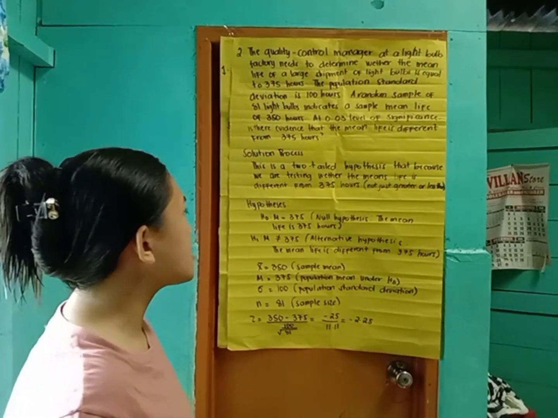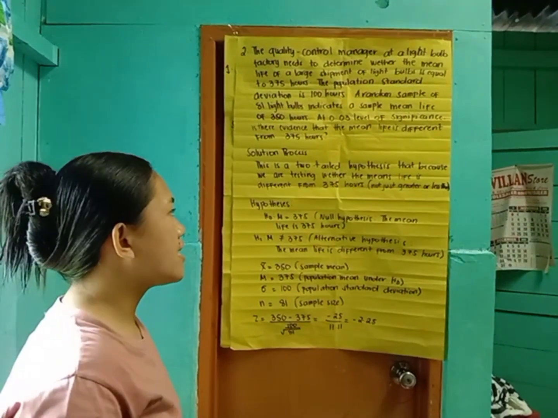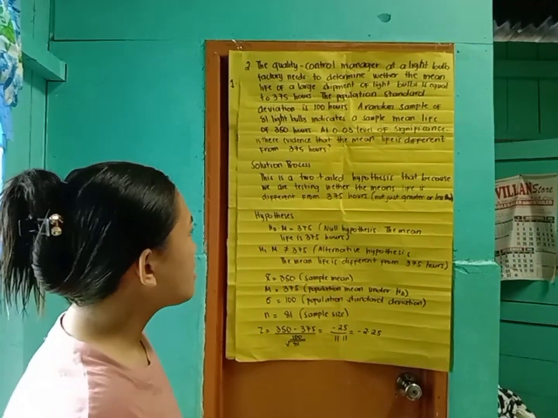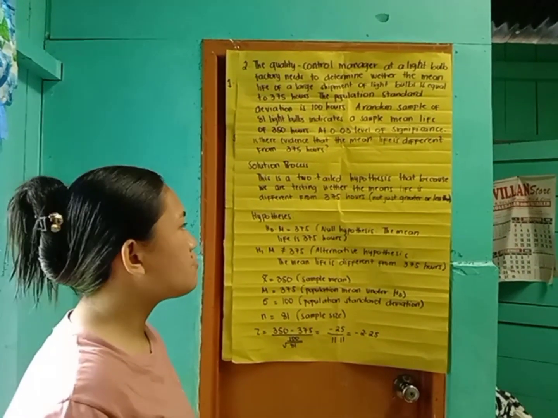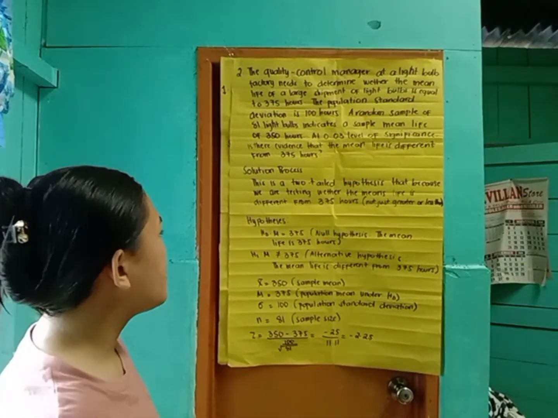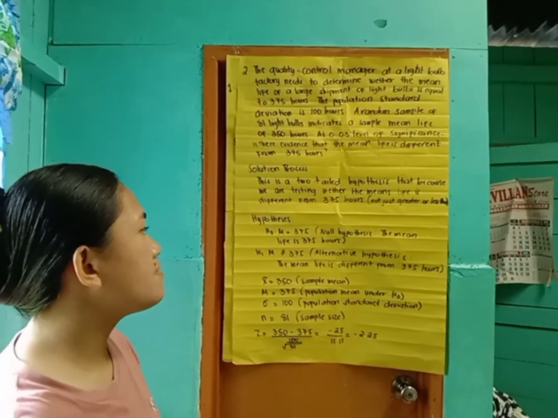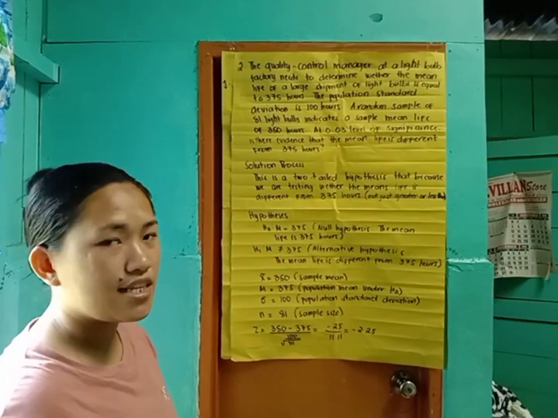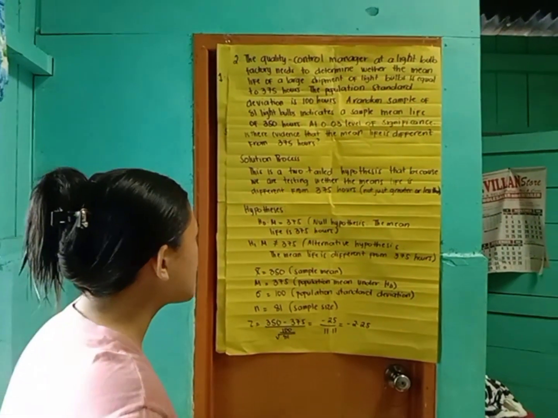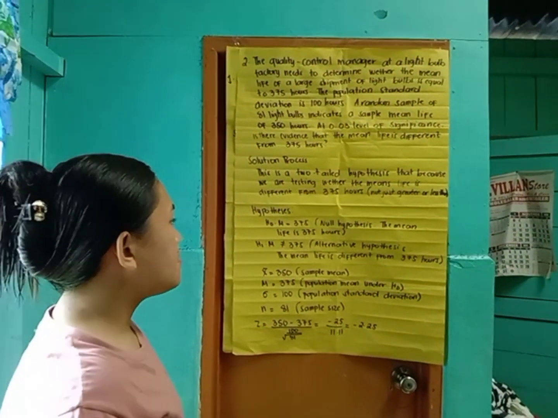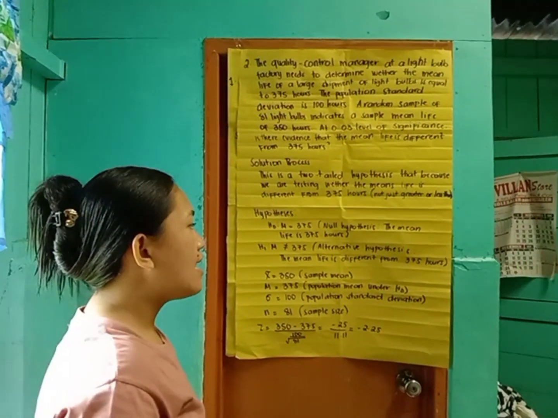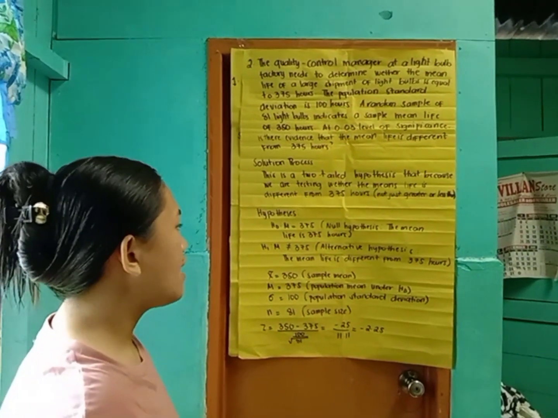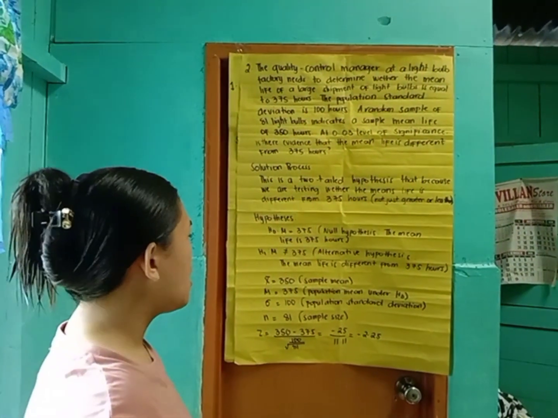The solution process: this is a two-tailed hypothesis test, because we are testing whether the mean life is different from 375 hours, not just greater or less than. The null hypothesis: the mean life is 375 hours.